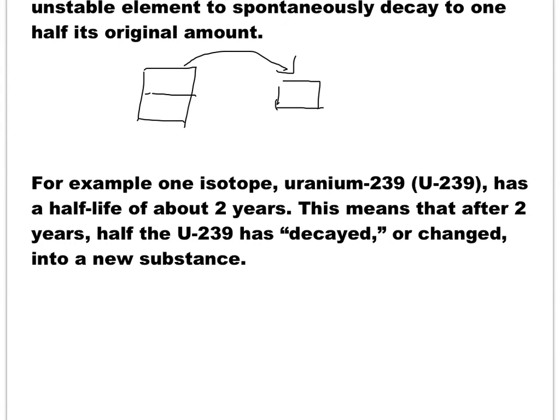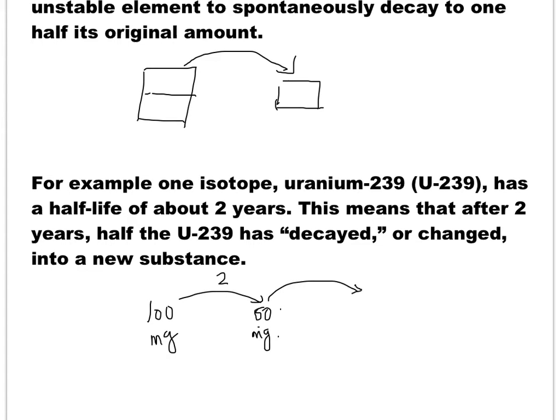Now, for example, one of these radioactive materials is uranium-239, U-239, which has a half-life of about 2 years. This means that if we start, let's say, with 100 milligrams of U-239, after 2 years, we are going to have only 50 milligrams of the original one.